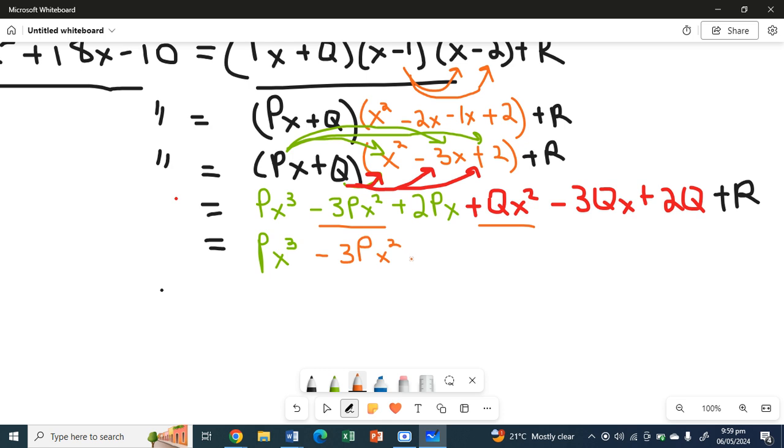So we say minus 3px squared plus qx squared. Then x to the power 1, we have one here and another one here, so we say plus 2px minus 3qx.